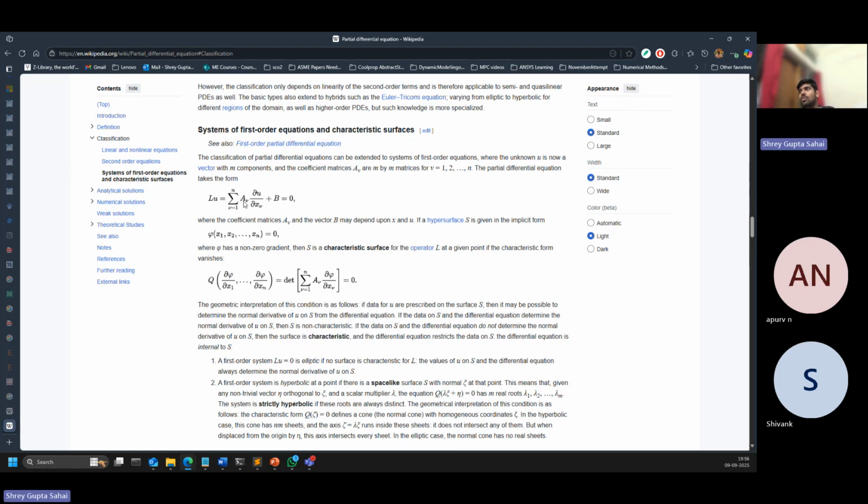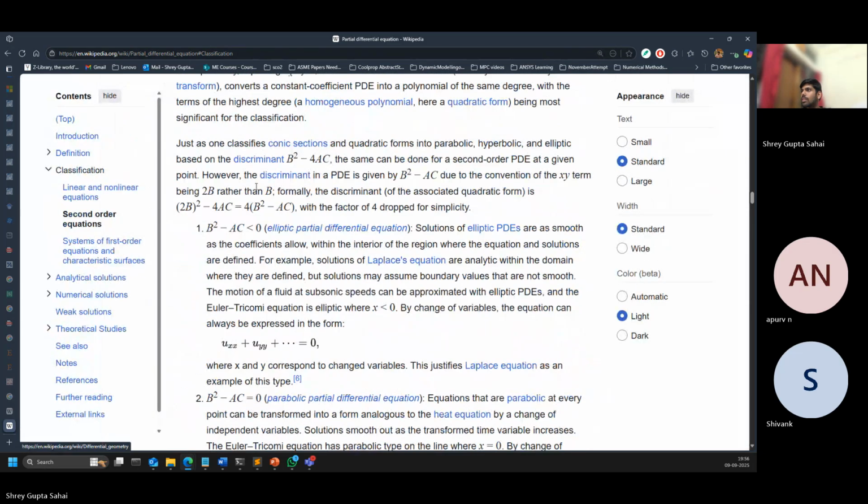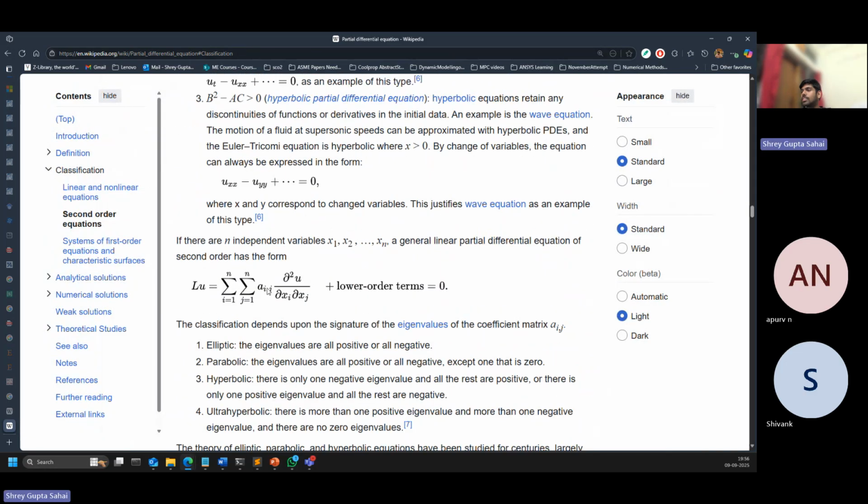So basically, here also it is kind of a vector. This partial derivative is also a vector. Just like how you mentioned, this is Aij. If you expand the summation, that will be of the form a del squared u by del x squared plus b del squared u by del x del y, that way.